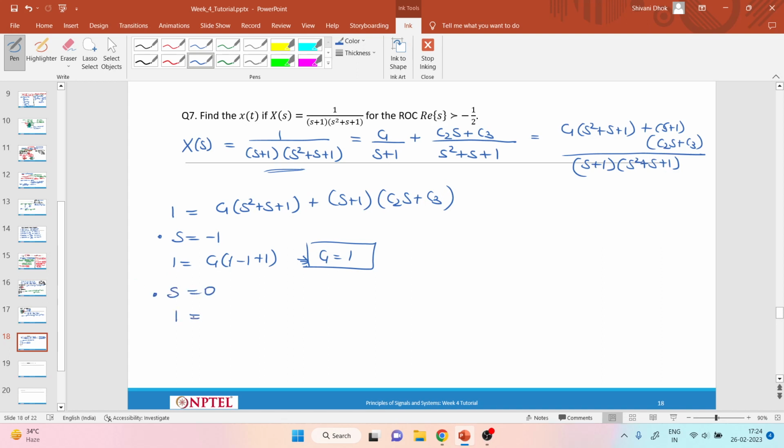So for this what I'll have is 1 equal to c1 into 1 plus 1 multiplied by c3, which means that my c3 comes out to be 1 minus c1, which is equal to 1 minus 1, which is equal to 0. So my c3 is equal to 0.